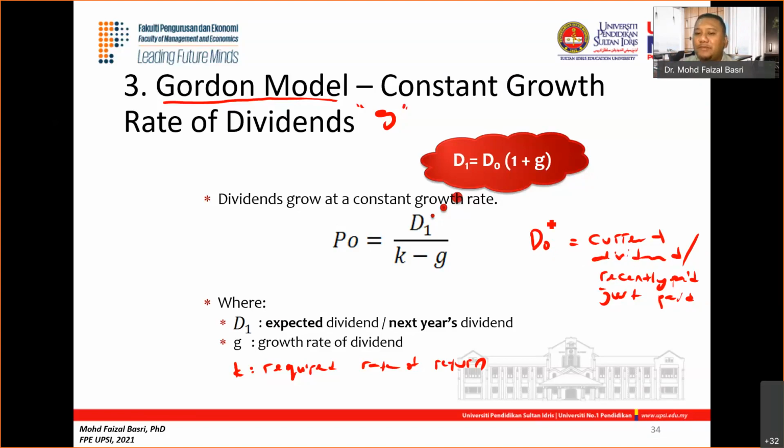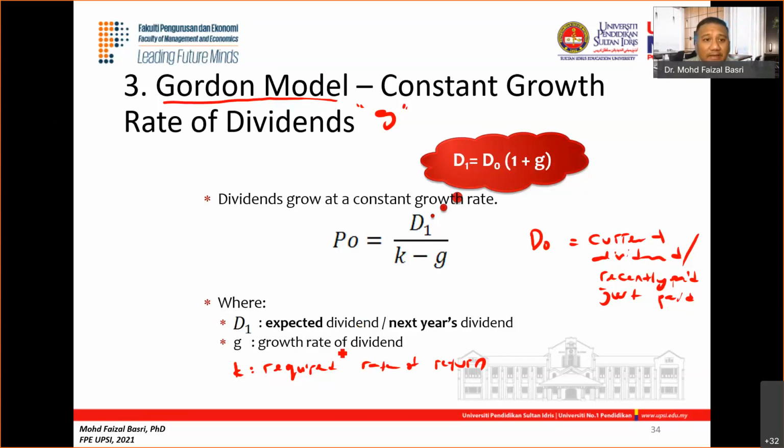So if the question provides you with D0, the current dividend, then to find D1 you need to use this formula, the one in the cloud here. D1 is D0, which is this one, multiplied by 1 plus G, whereby G is the growth rate. It's just like what I showed you earlier.